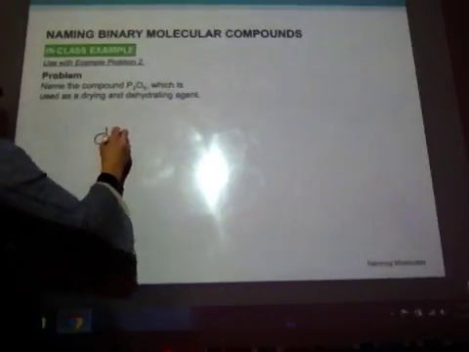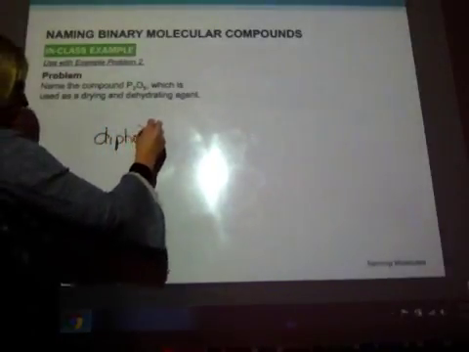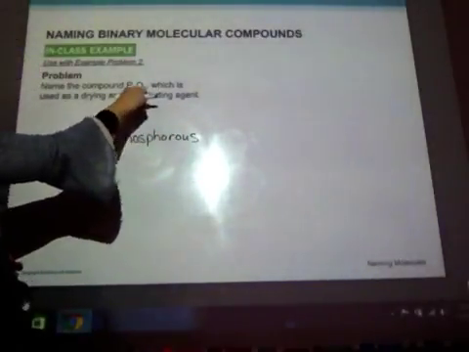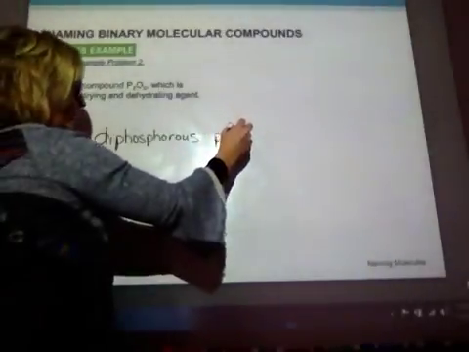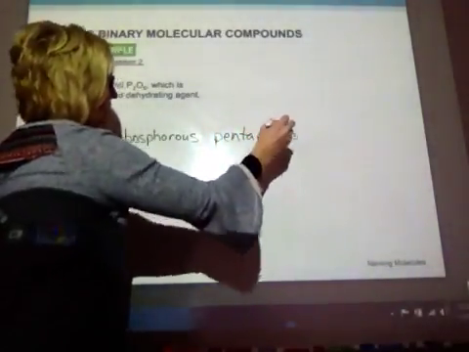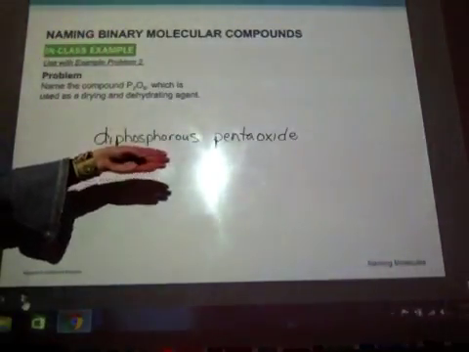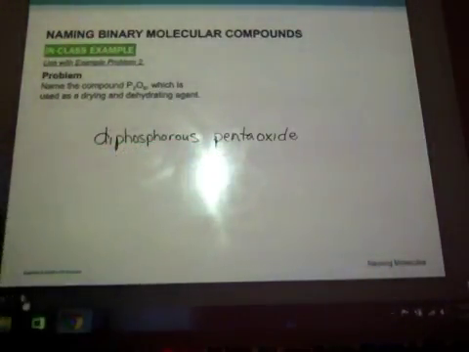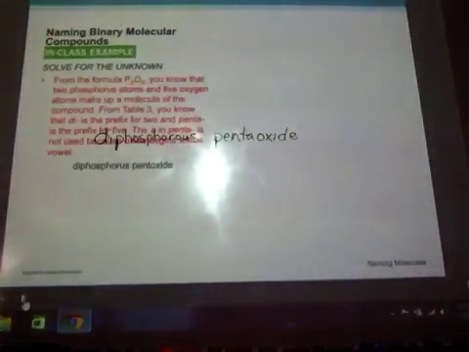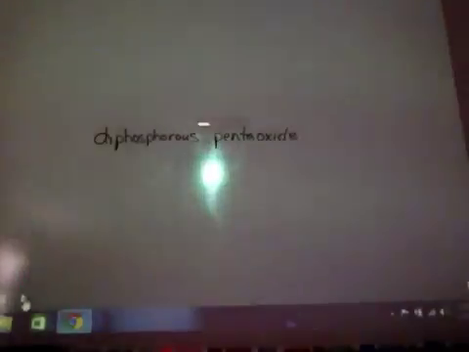So I have diphosphorus and pentaoxide. So diphosphorus pentaoxide, it may be written as pentoxide, but either way, 2 phosphorus, 5 oxygen. And there you go.